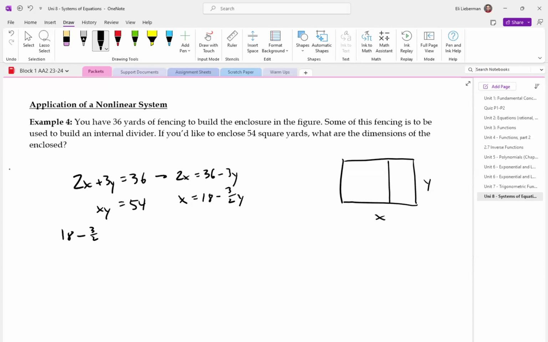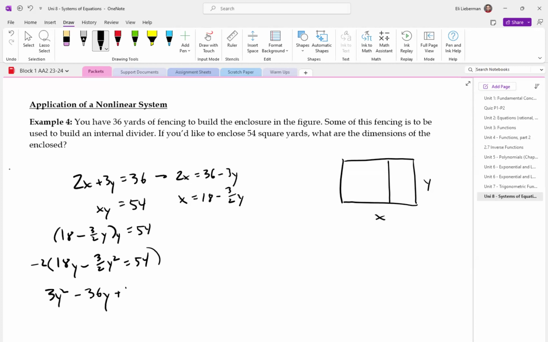Minus 3/2 y squared plus 18y equals 54. And then I multiplied by -2 to take out the fraction. Nice. I switched it to make 3y squared minus 36y plus 108 equals 0.